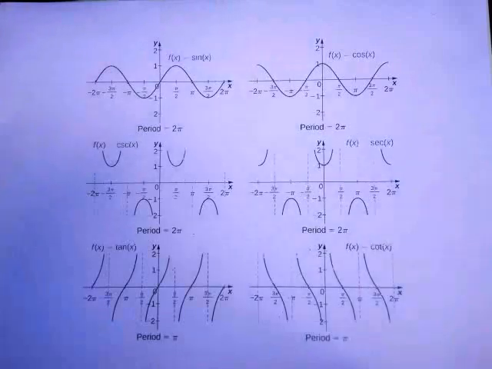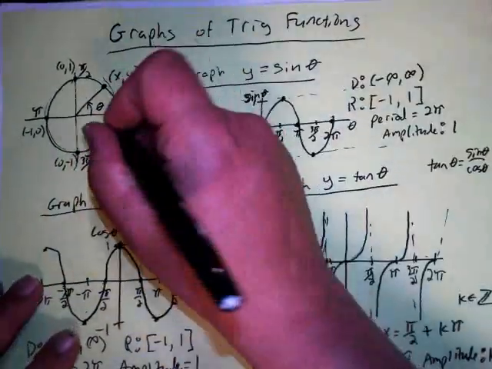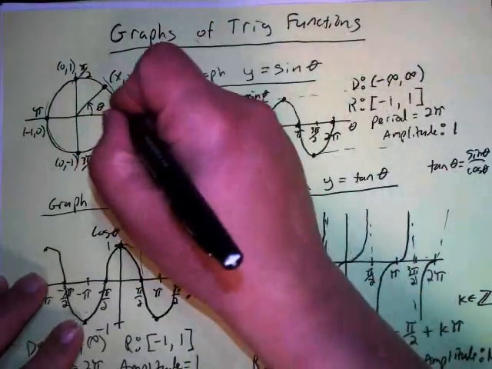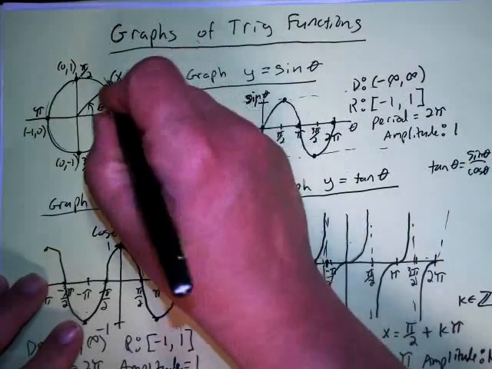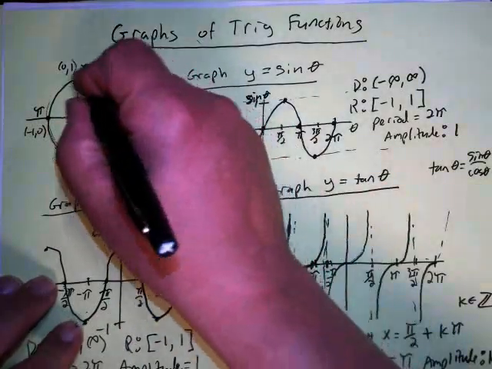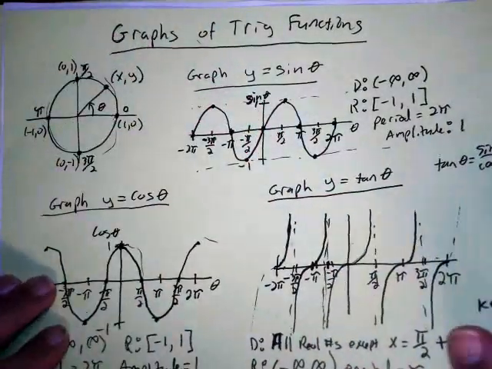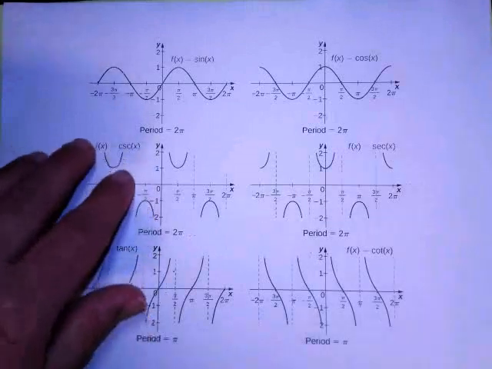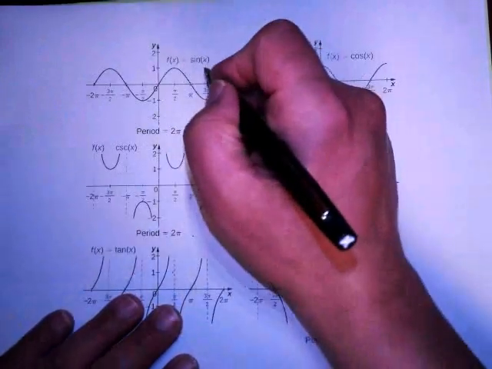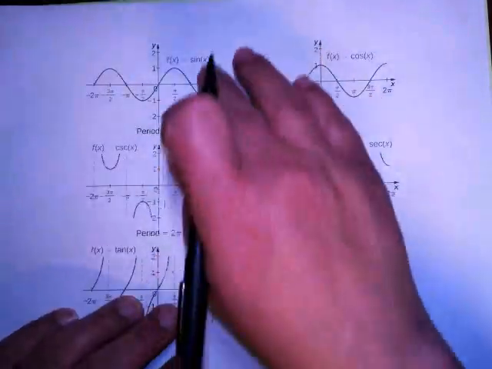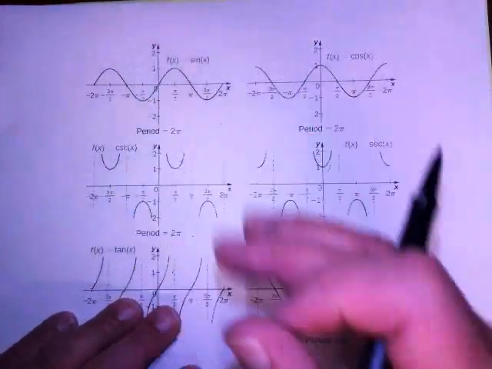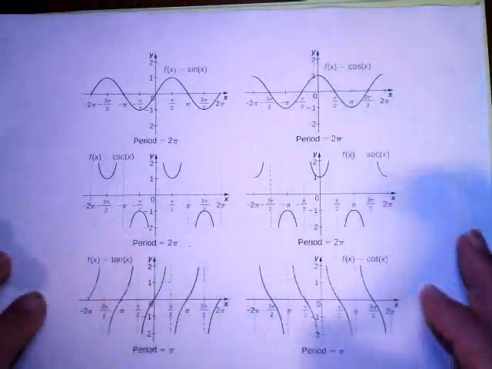What I was doing here is letting theta be the angle, and then y would be, for sine, the y coordinate on the unit circle. For cosine, it would be the x coordinate on the unit circle. For tangent, it would be y over x. So normally, you don't use theta, you just use x, and y is the value of the trig function. But this x here is not the x on the unit circle. The x is the angle as you go around, and the y value is whatever the value of the trig function is. That's the normal way you do it.